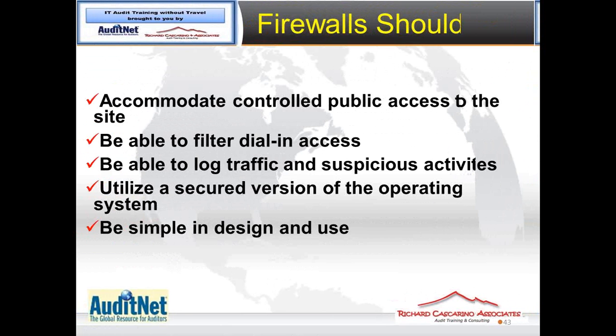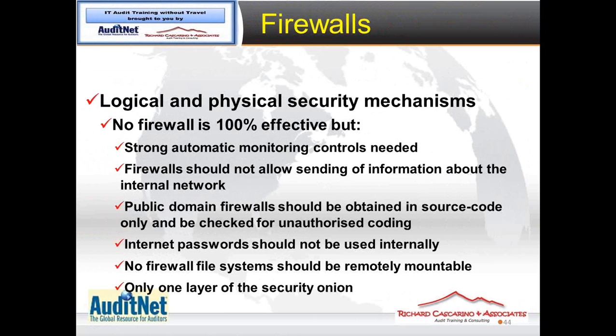As I said, no firewall is 100% effective, but you need strong automated monitoring controls. The firewalls themselves should be a one-way mirror. It should not be possible to send information about the internal network out through the firewall.